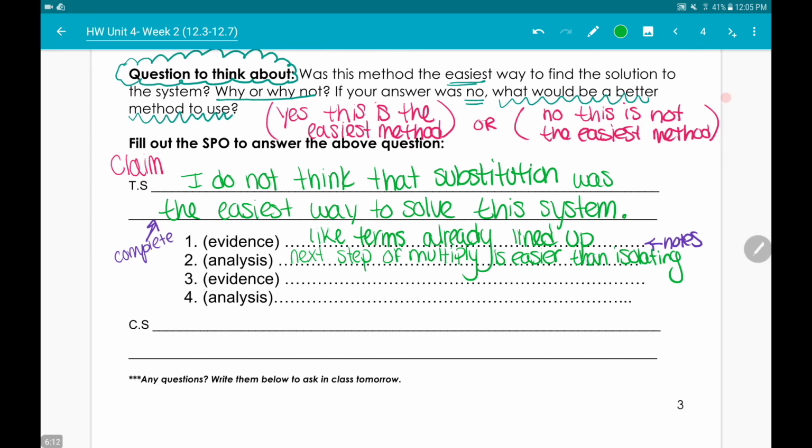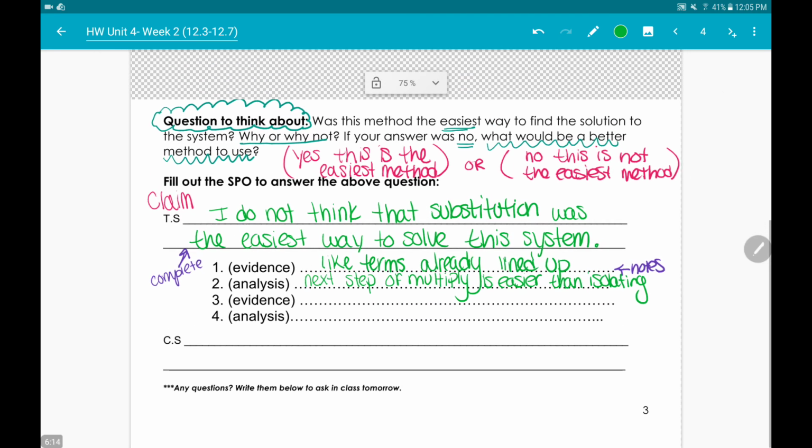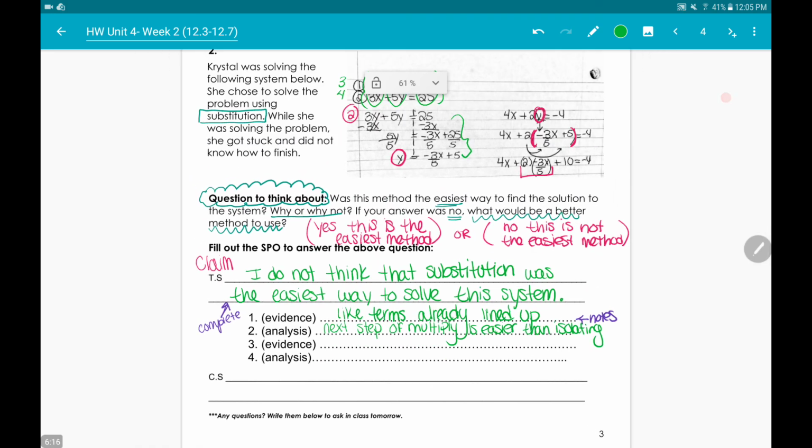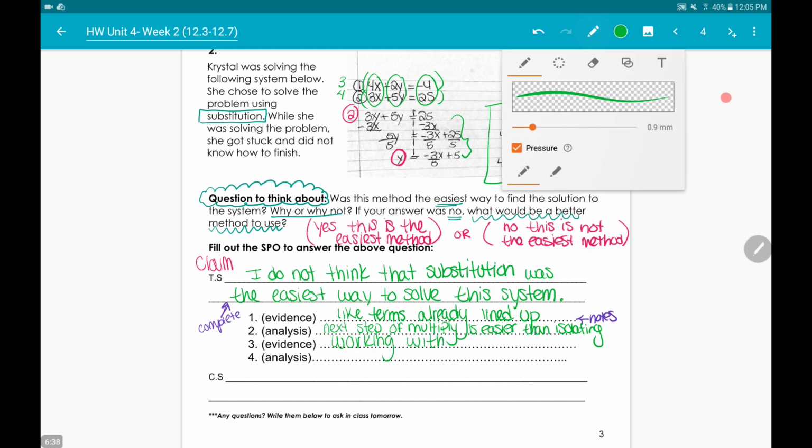All right, my next step of evidence, if you look here, let me just zoom out so I don't keep going back up and down, is when trying to use substitution, I ran into fractions, and I find fractions really difficult. So if you find fractions easy, then that wouldn't have been an issue. But for me, sorry, that's my evidence.